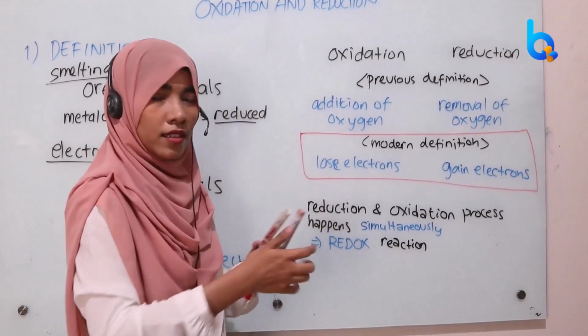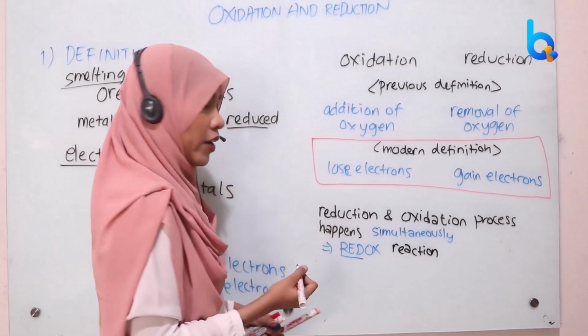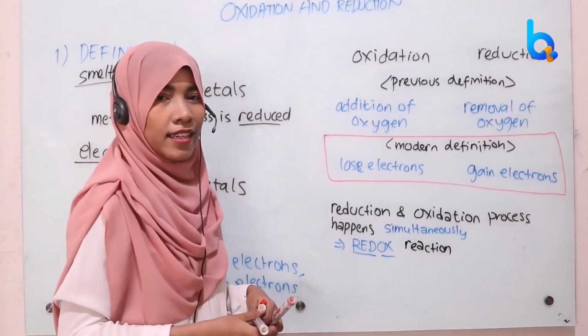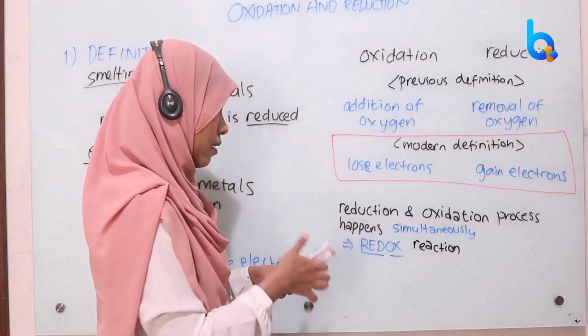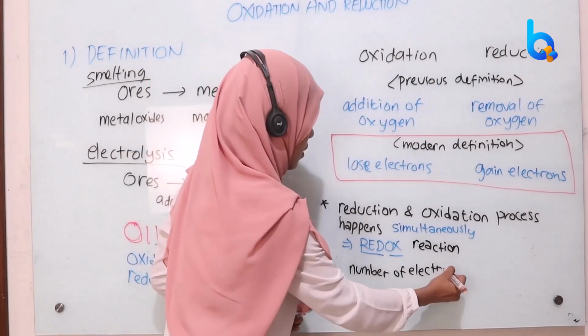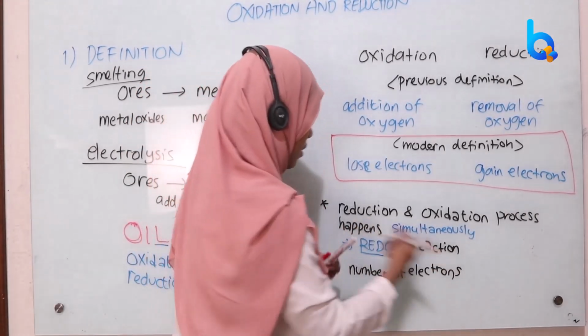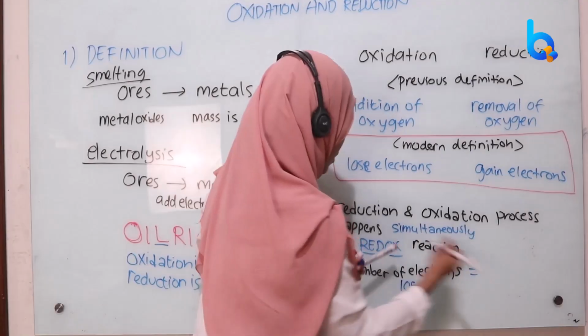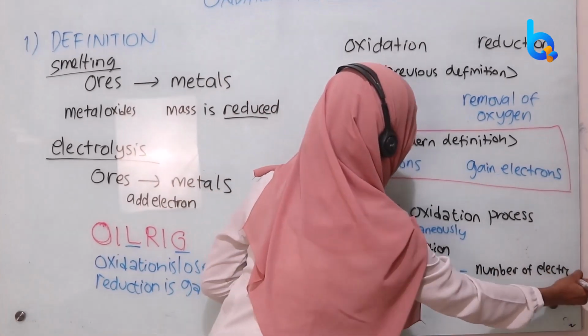The name redox comes from reduction and oxidation. It means the number of electrons lost will be equal to the number of electrons gained.